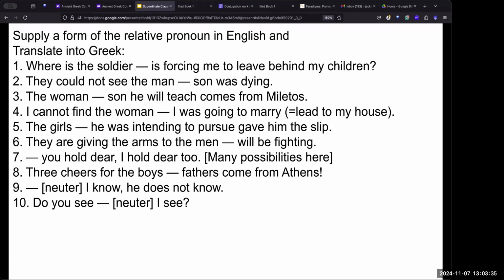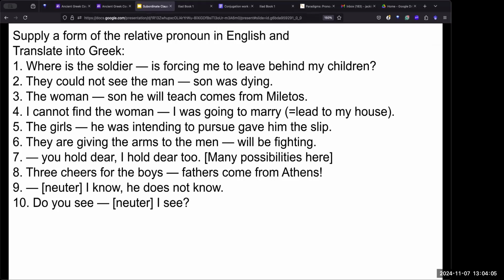They could not see the man, blank, son was dying. Whose, right. The woman, blank, son he will teach comes from Miletus. Whose? Yeah, the woman whose son he will teach comes from Miletus. I cannot find the woman, blank, I was going to marry.